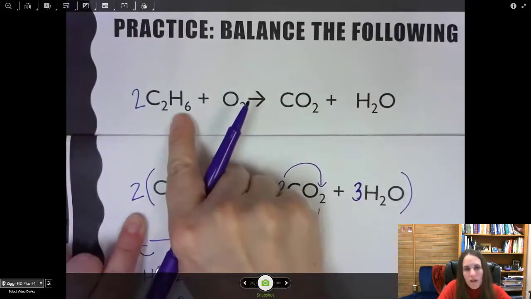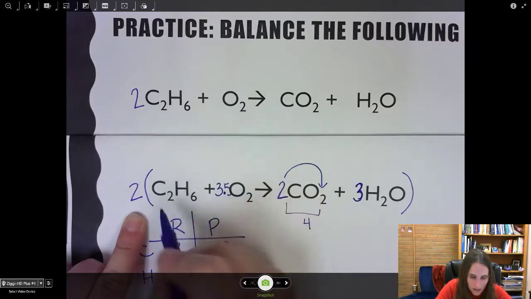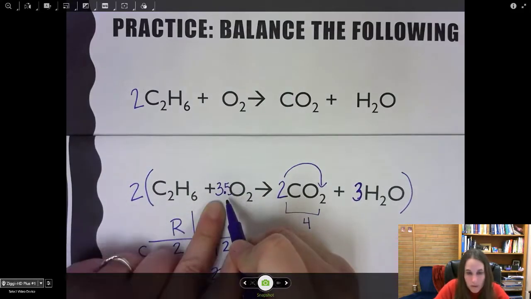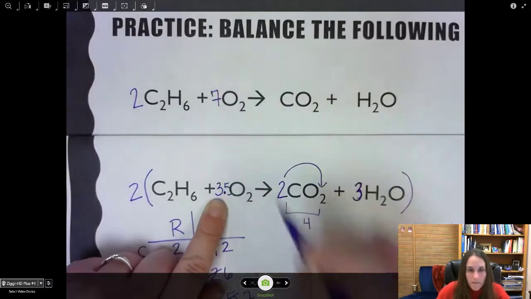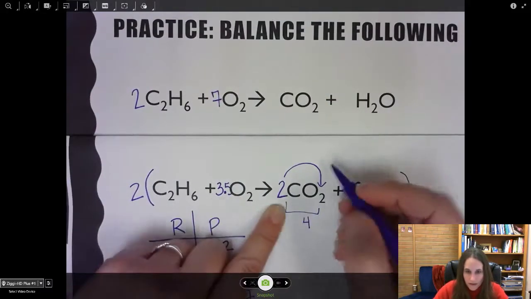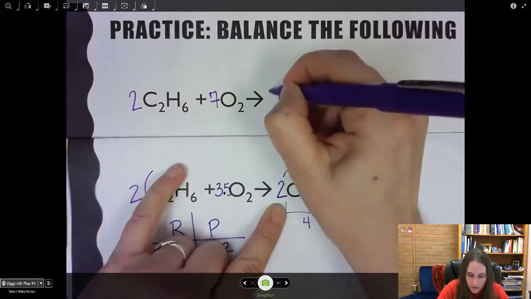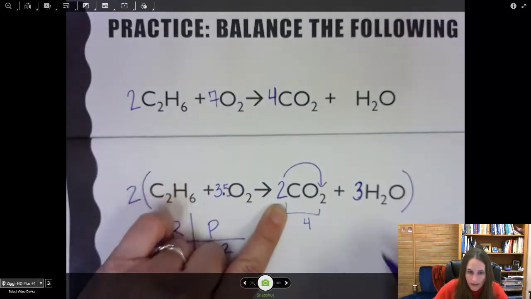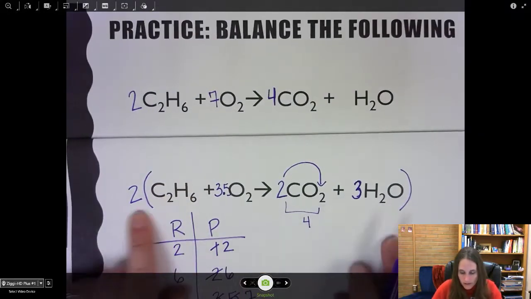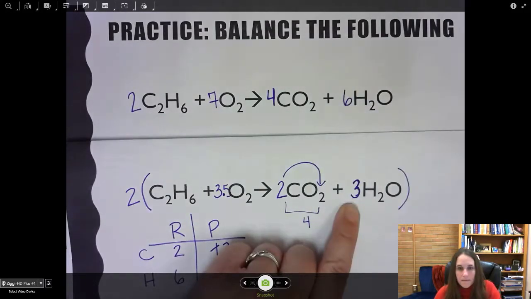So 2 of this molecule, this is called ethane. We don't learn the names in 121 for this. 2 times 3.5 is 7. 2 times 2 is 4. And then 2 times 3 is 6.